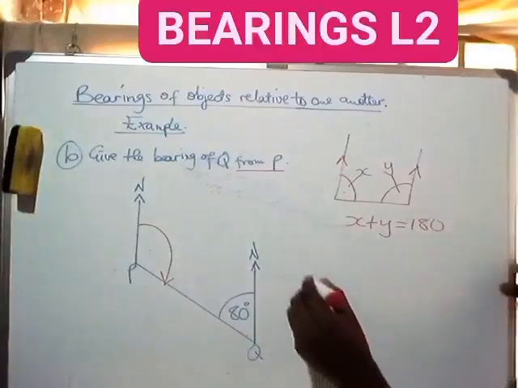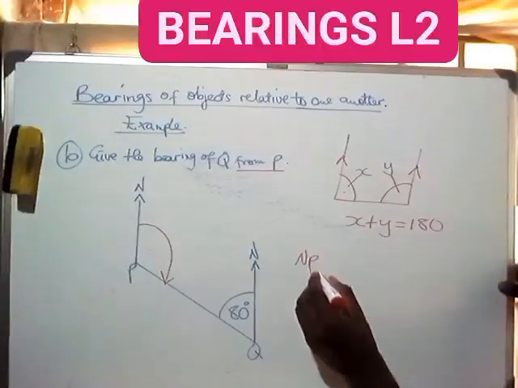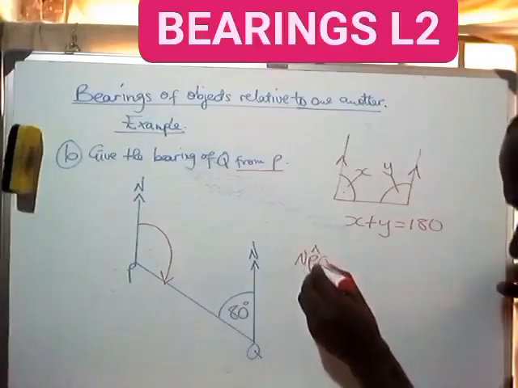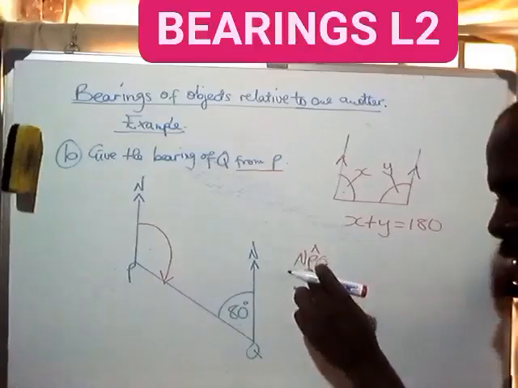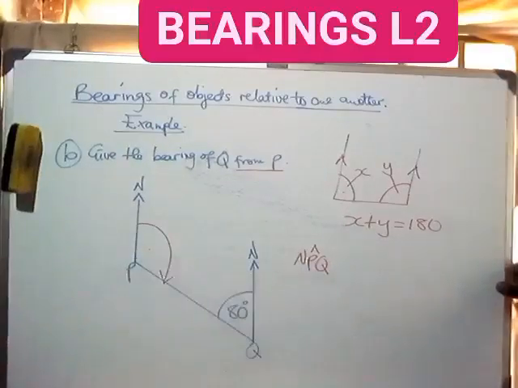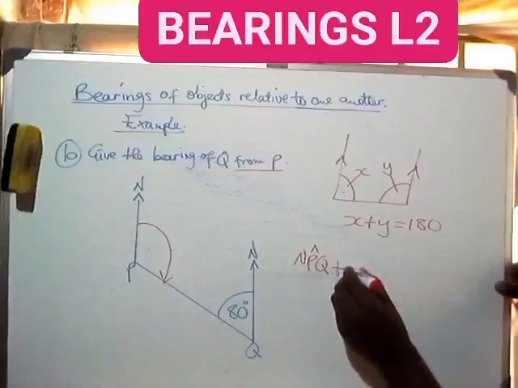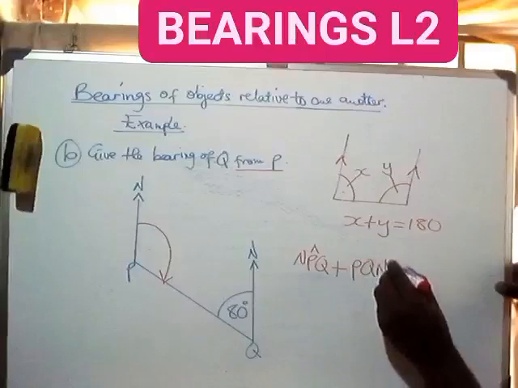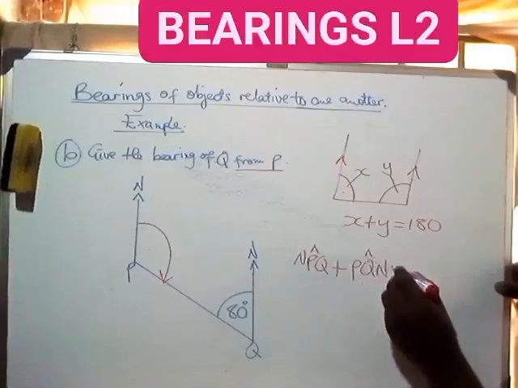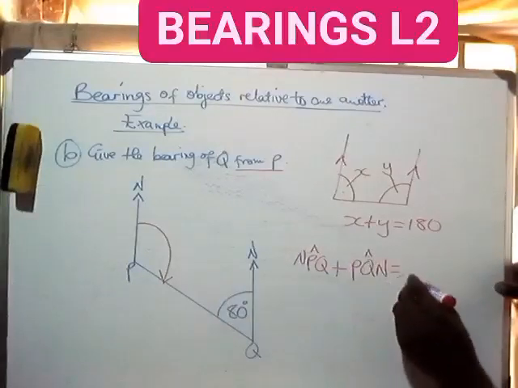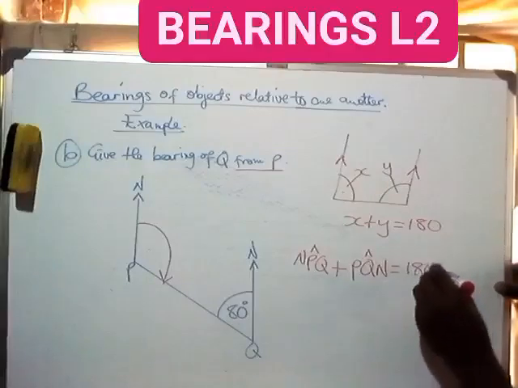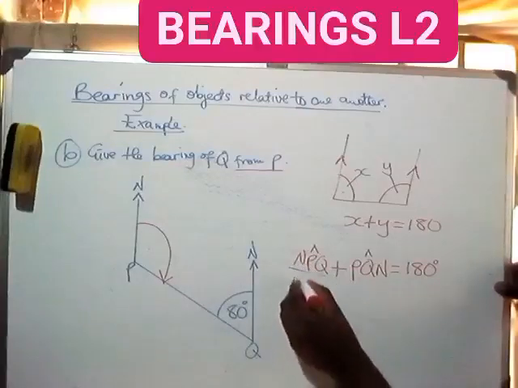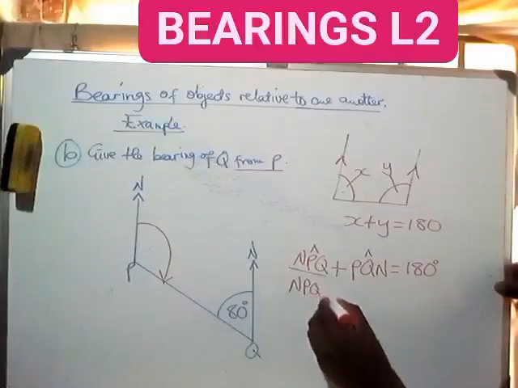So this means that angle NPQ, the angle we are dealing with, plus angle PQN, if we add the two, we are going to get 180. What is the angle we are looking for? NPQ.